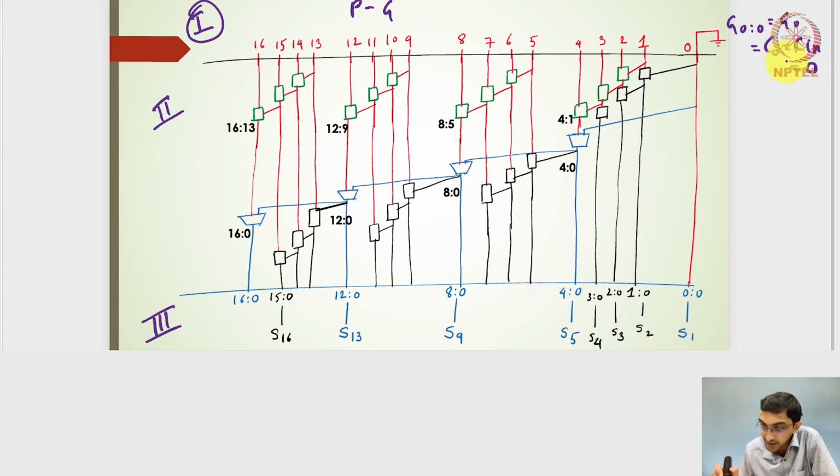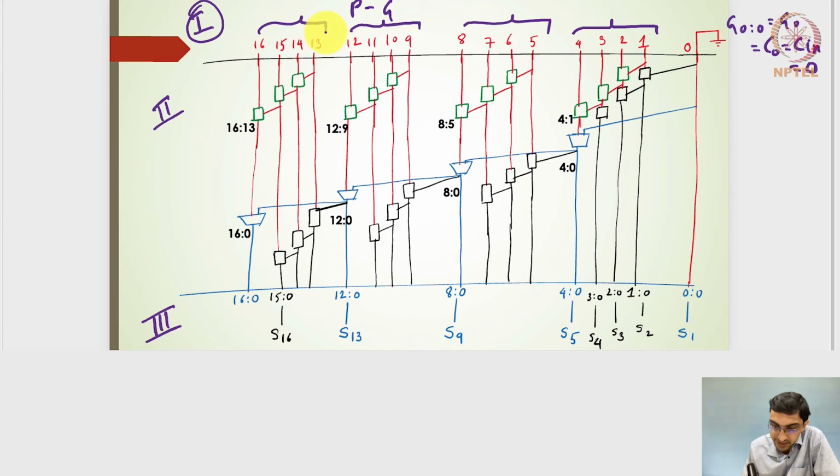All right. And these individual blocks here, here, here, and here are going to generate the groupwise generate and propagate signals. So this particular block, 16 to 13, gives me G16 is to 13 and P16 is to 13.